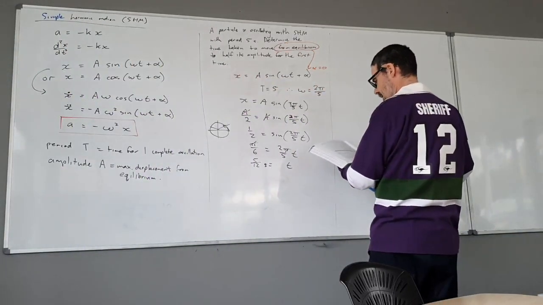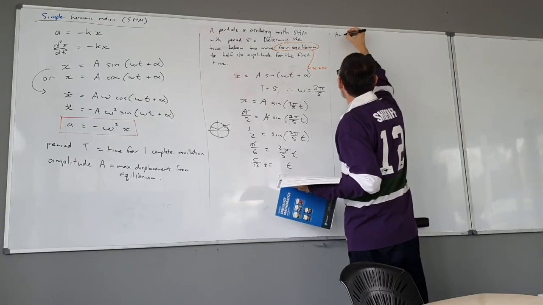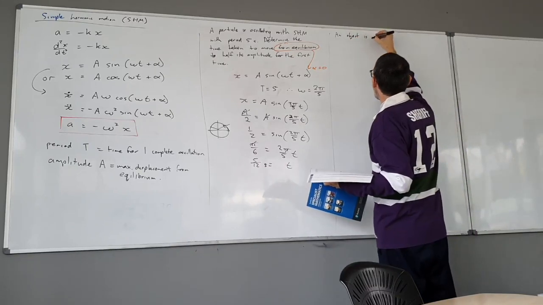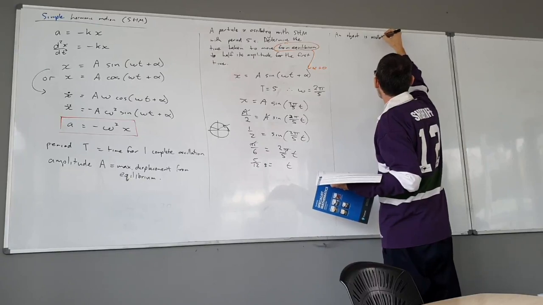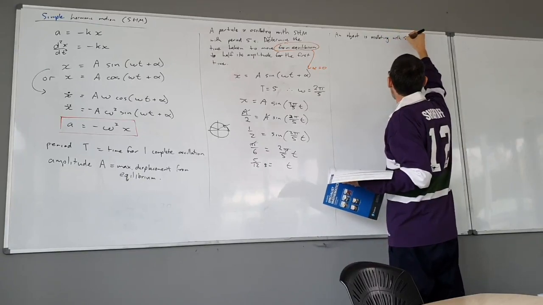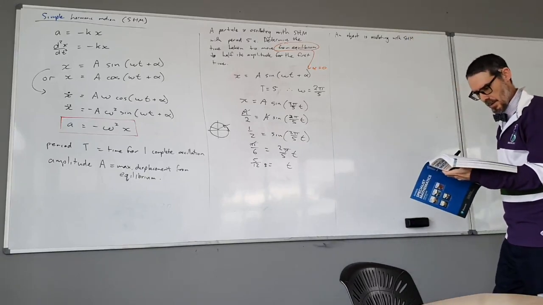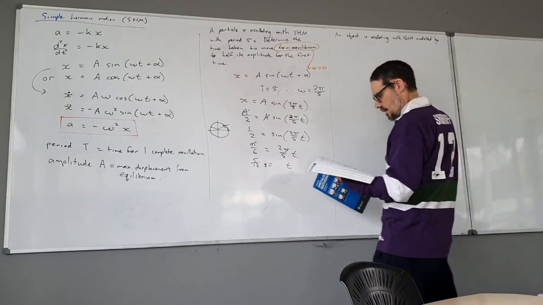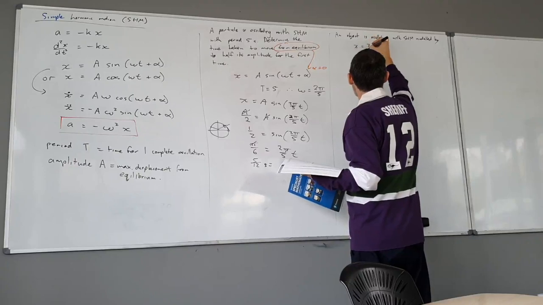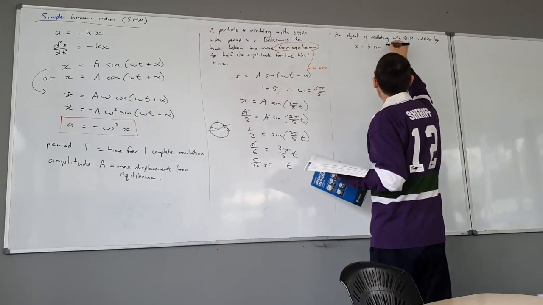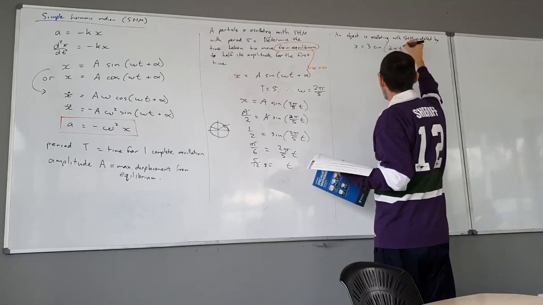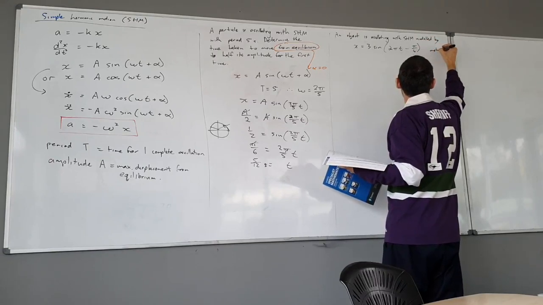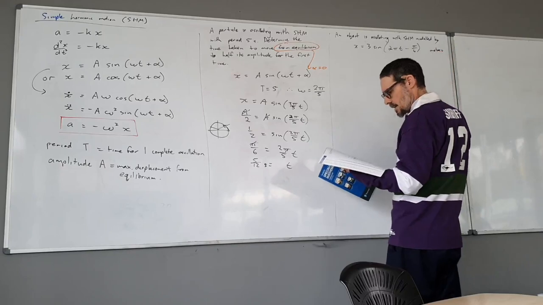Okay. Oh, too easy. An object is oscillating with simple harmonic motion modelled by, they're giving us the model, x equals 3 sine of 2 pi t minus pi on 4 meters, and t is in?